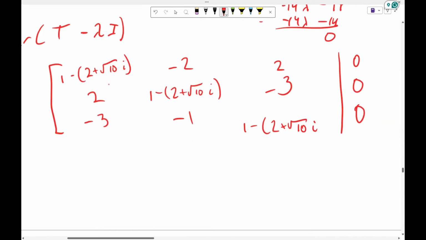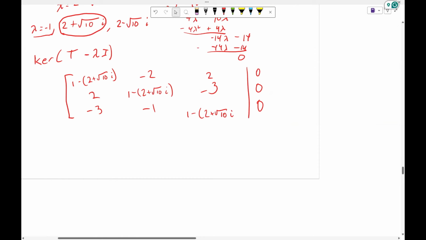Right? And this equals 0, 0, 0. So from here, what I'm going to do is make this first entry a 1 by first simplifying this expression to give us that this is minus 1 plus root 10 i.